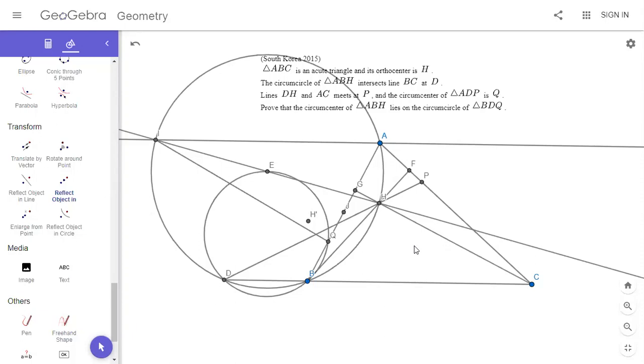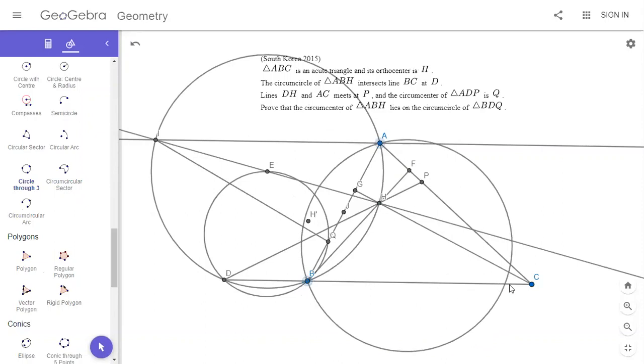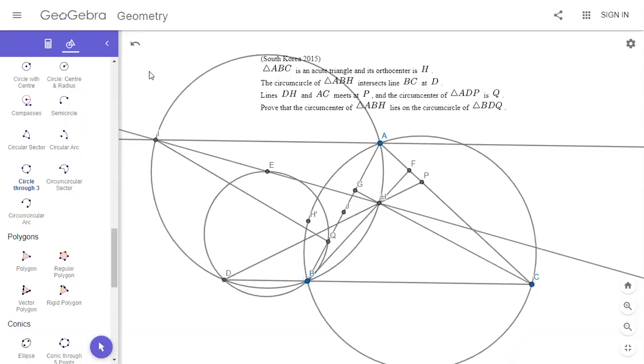I guess if we draw the circumcenter, yeah, okay, because here's kind of how I think of it. So ABCH prime is cyclic.